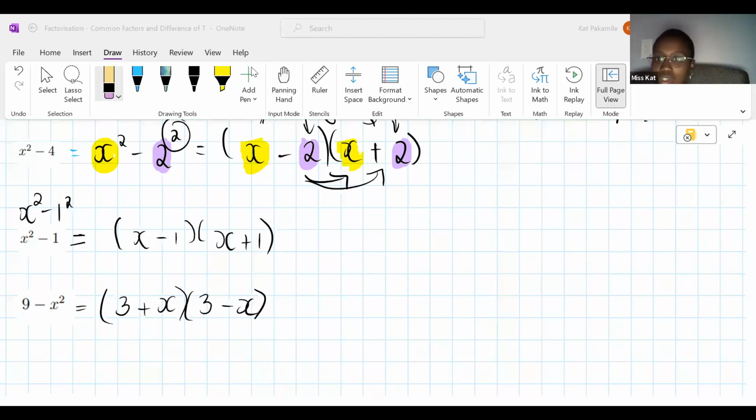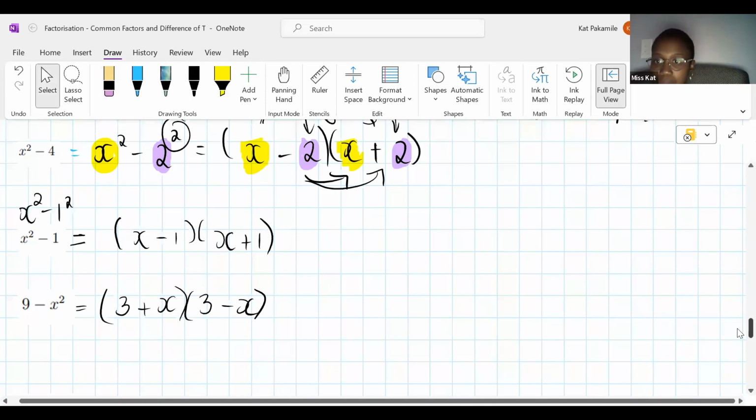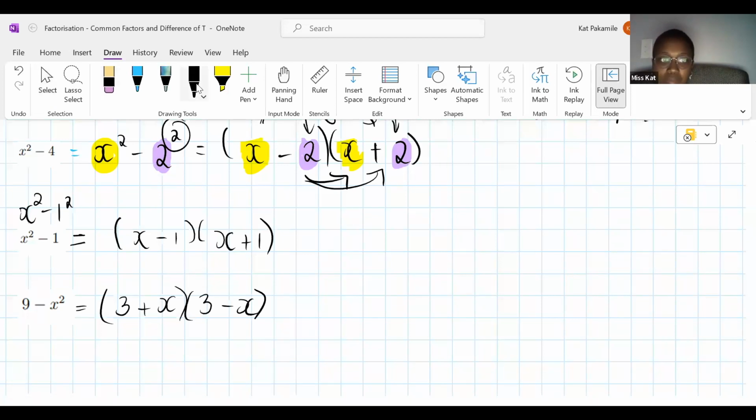Andy, do you have a question? Ma'am, I wanted to ask, if we started with 3 minus x and then followed by 3 plus x, is it okay? No, that is incorrect because of the negative brackets. Remember, 2 minus 4 and 4 minus 2 don't mean the same thing, right? This is negative 2 and that is positive 2.